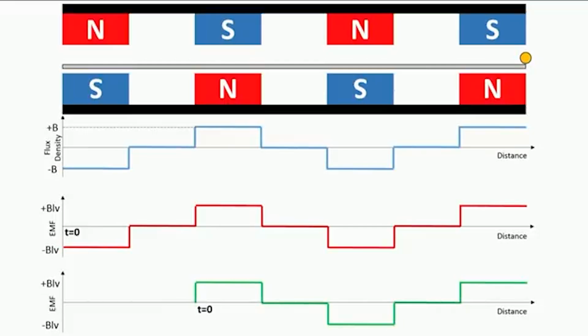Now, if these two conductors are connected at the back in series, you will get the resultant voltage, which will be the difference of these two.